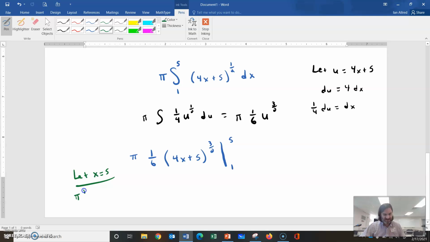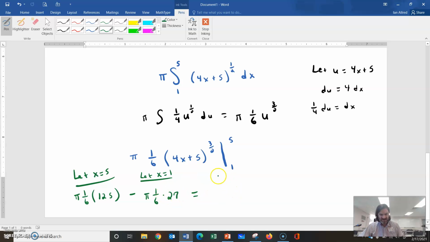In that case, we'll have pi 1/6. 4 times 5 is 20, plus 5 is 25. The square root of that is 5, and then raise it to the third. That's 125. And then we'll minus, let x equal 1. And that'll be pi 1/6. If I plug 1 in, that'll be 9 to the 3/2, so that's 3 cubed, that's 27, I believe.